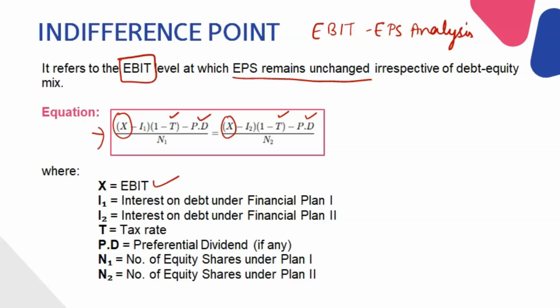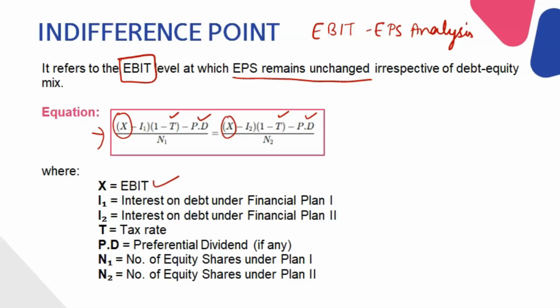I1, I2, I hope you understand, I is interest on debts. Based on how many debts are given, we have to take I1, I2. If let's say three alternatives are given, you can go for that also. You can take the first two alternatives, then the other two, like this. Just the thing is you have to find out EBIT.